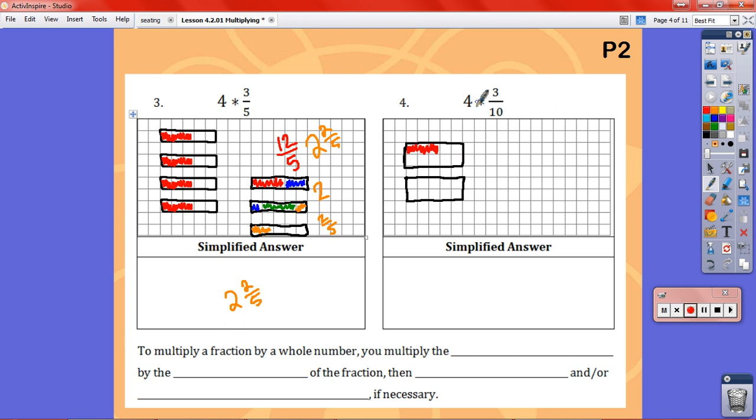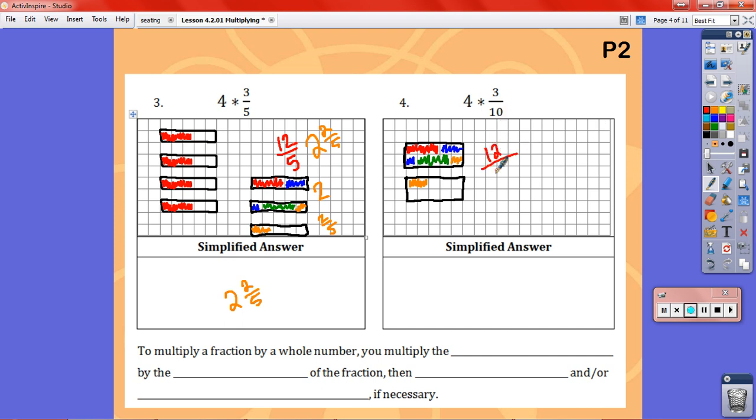But I need 4 sets, so that's 1, 2, 3, 4. Now I still have, that's 5, 10, 12. I still have 12 pieces.